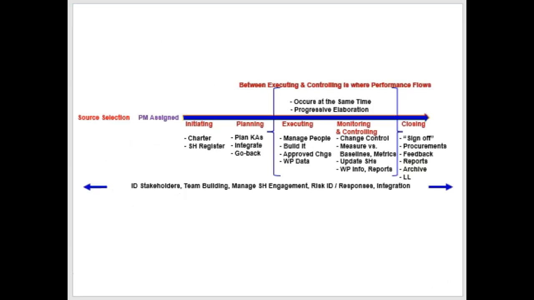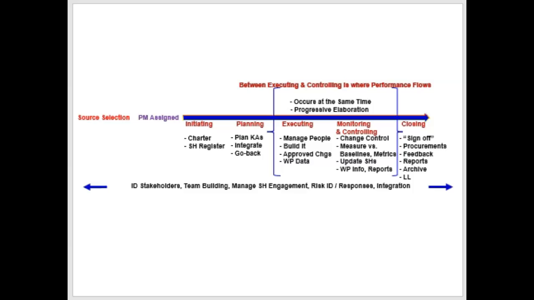So in post-control, notice that even though we said lessons learned, on this chart, these are your process groups in project management: the initiating, planning, executing, monitoring and controlling, which is where we're at now, and closing. Notice in closing on the far right, LL, that's lessons learned.